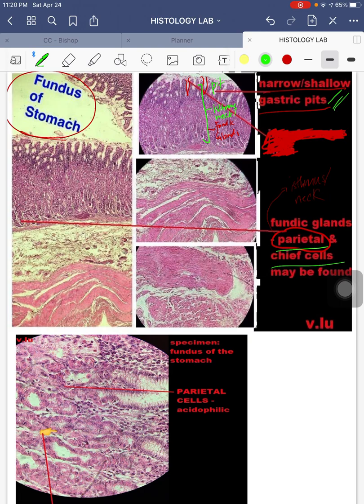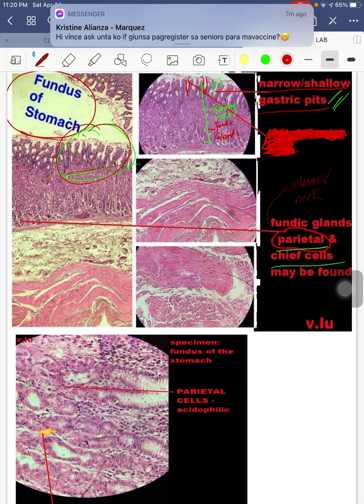And then afterwards, in the mucosa layer, you will see your coiled gastric pits, as what I narrated earlier. And later, it will lead on to your gastric glands. The lining epithelium here now is your simple columnar epithelium, okay?